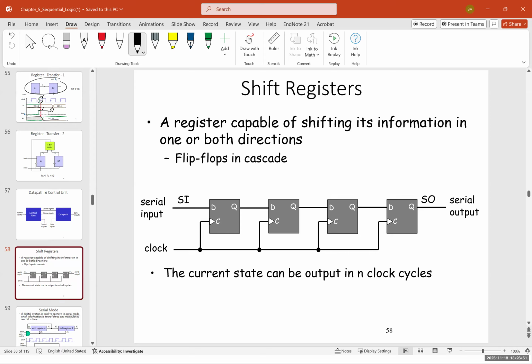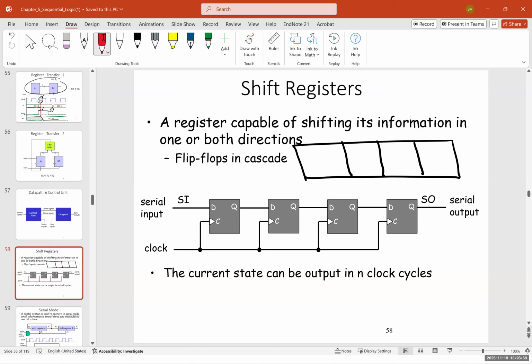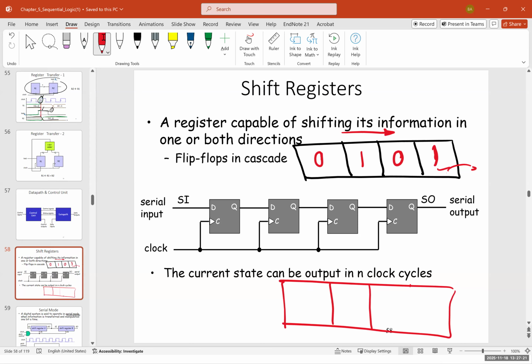And in a computer, what a computer sees is, for example, if we have a 4-bit system and the outputs are 0, 1, 0, 1. If the system is a register that shifts to the right, what happens is this 1 falls out, and if I shift 1 bit to the right, then it will look like this.